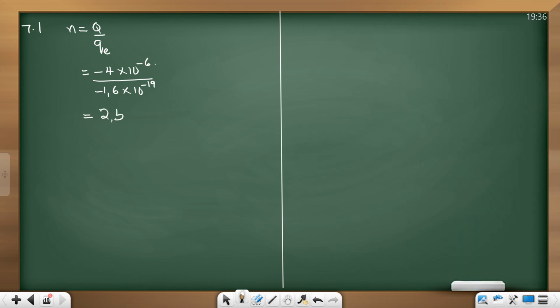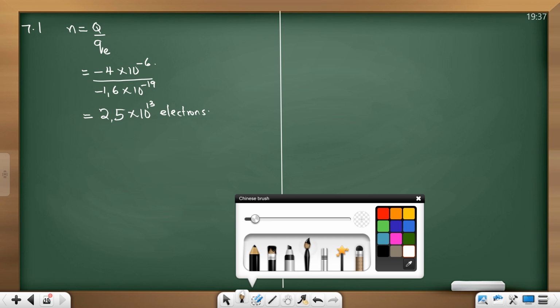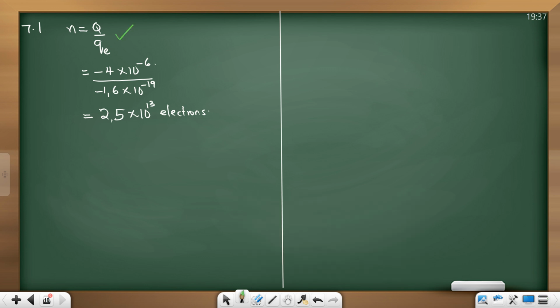Please confirm if that's what you have as well. There must be a unit there: number of electrons. 1 mark there, 1 mark there, and 1 mark there. 3 marks in the bag.